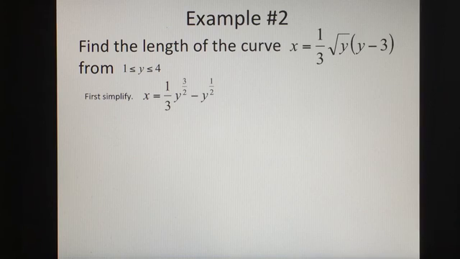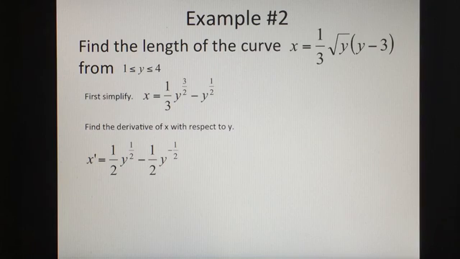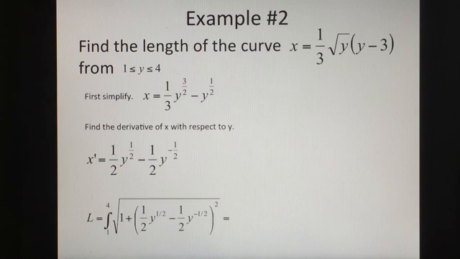After that, we find the derivative of x with respect to y, so x prime equals, and at this point, you can use the formula for arc length. Substitute in that derivative. Use your graphing calculator, and you get that the answer is 3.333.